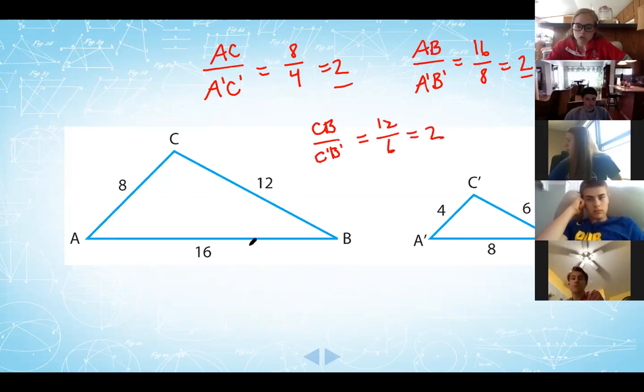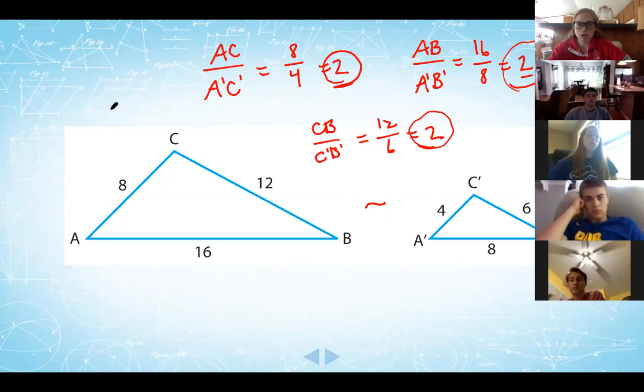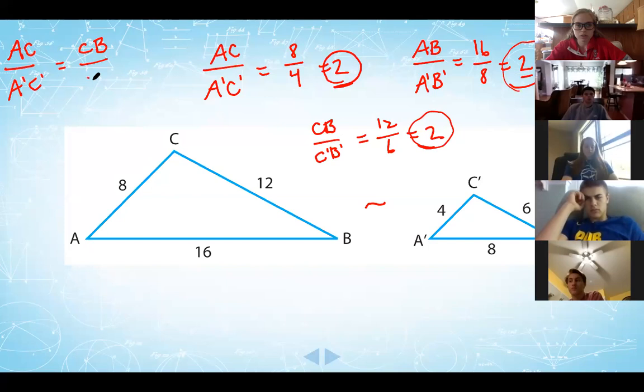So are these two triangles similar then? If they're going to be similar triangles, then all of their sides must be proportionate to one another. So I should be able to line up any of my sides and set them equal to any of my other proportionate sides. So AC over A prime C prime should be equal to CB over C prime B prime. And is that the case? Well, AC over A prime C prime is 2. This answer right here is also 2.